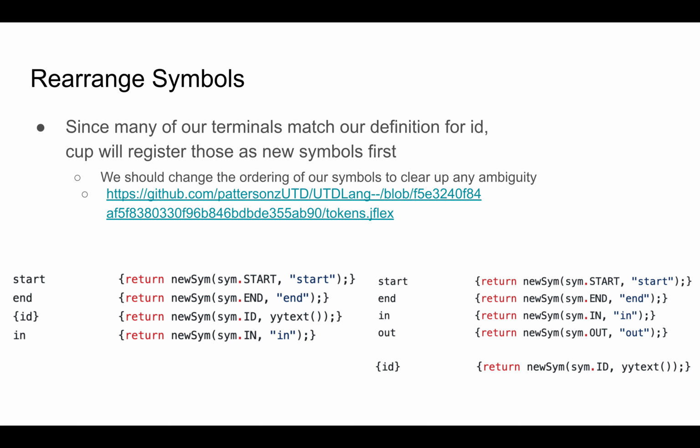And the way to fix this is pretty simple. We should rearrange the symbols that we defined in the token JFlex by simply move the ID to the bottom of the list of tokens, and then this error will go away.